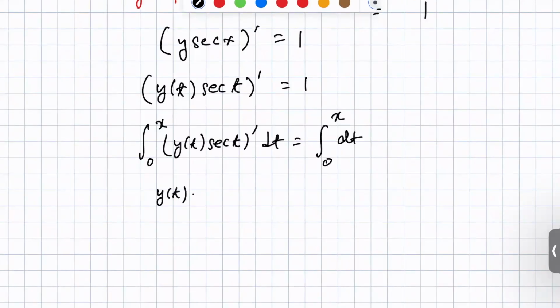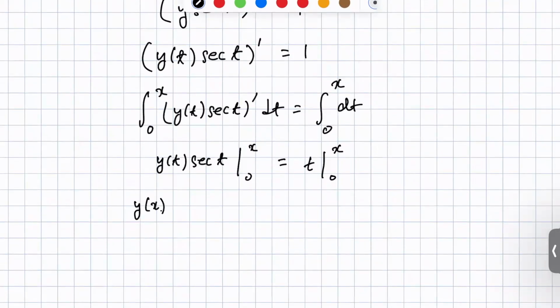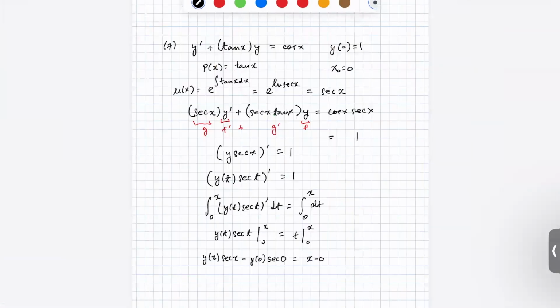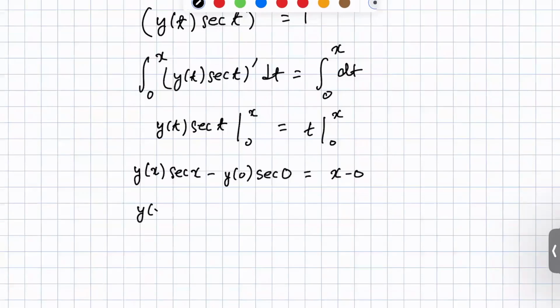Y of t secant of t from 0 to x is equal to t evaluated from 0 to x. So I have y of x secant of x minus y of 0 secant of 0. Now secant of 0 is just 1. So this is an x minus 0 right here. Now let's remind ourselves y of 0 was equal to 1 here. So we have y of x secant of x. This is all going to be equal to 1 times 1, it's just 1.